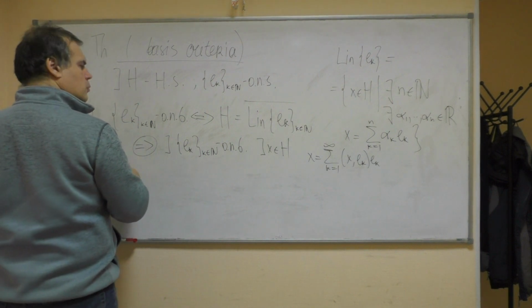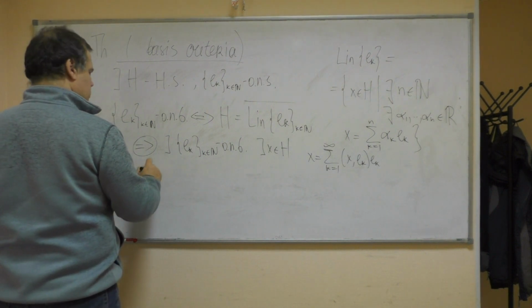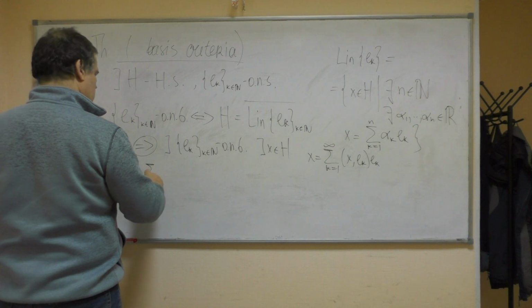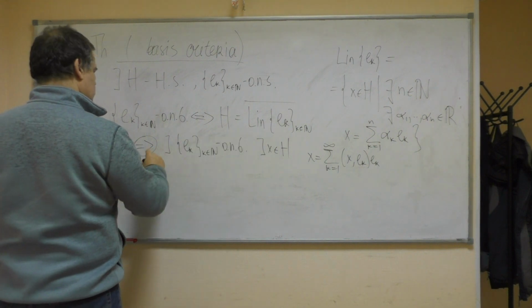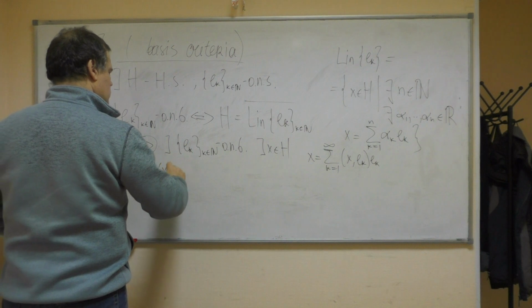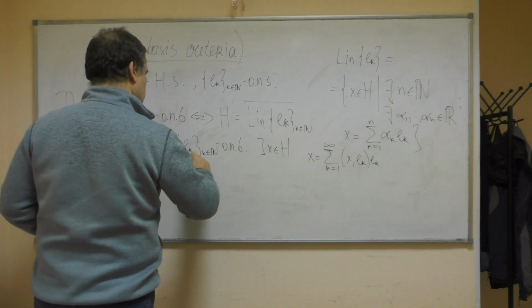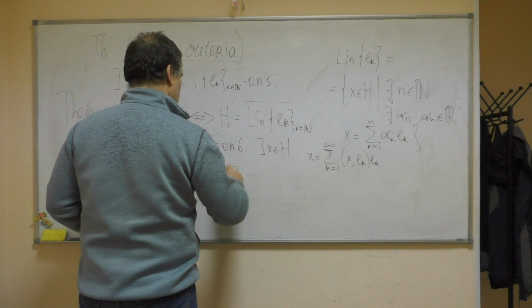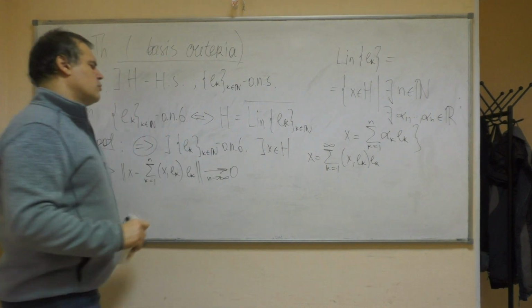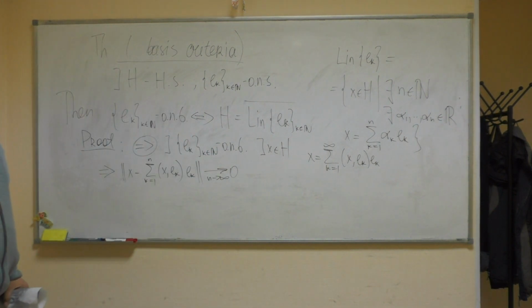What means that the distance between x and the finite sum of this series converges to 0 if n goes to infinity.